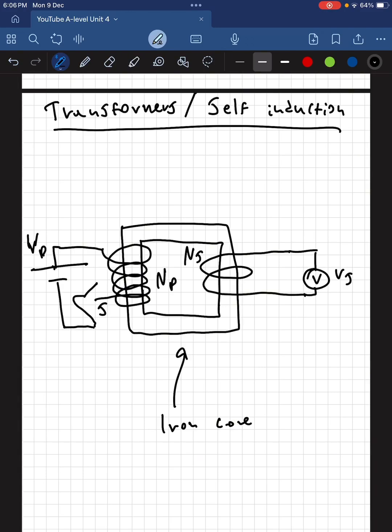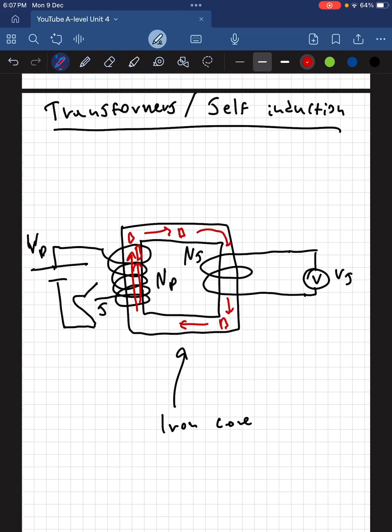So what's going on here? Once we close this switch, there will be a current in this coil, which is going to generate a magnetic field B. Let's assume that B is going to be in this direction. Due to the iron core, this B is going to travel through the secondary coil, and because it travels through the secondary coil, it's going to induce some voltage in the secondary coil.